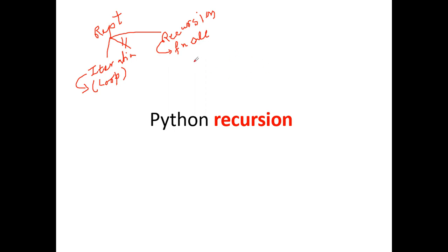Now what happens when a function is called? A function is a separate body, an area. When you call a function, this area is formed. Suppose f is a function, you call that function. When you call that function, this area is reserved, or allocated from memory.